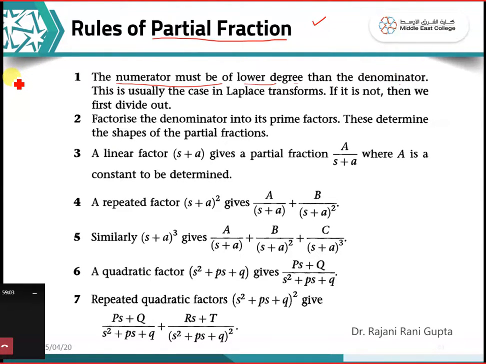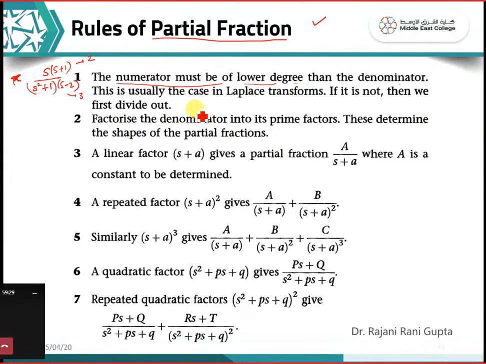Means the degree should be in terms of s. Say if it is s over s square plus something, or s into s plus 1, or s plus 1, s square plus 1, s minus 2. Here the maximum power of s is 2. Here the maximum power of s is 3. So it should be in this way.